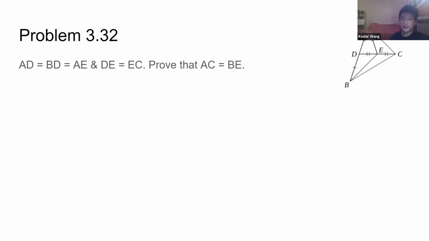AD equals BD and AE equals DE equals EC. Prove that AC equals BE. Okay, just don't worry. I'm just gonna be here solving this problem. Prove that AC equals BE.